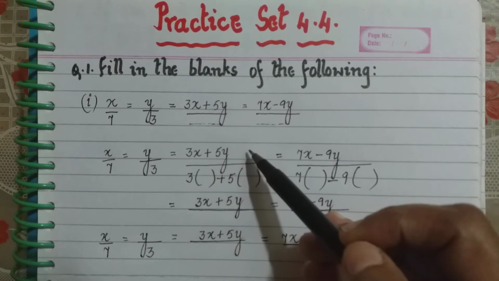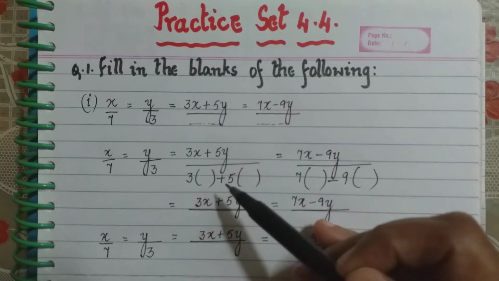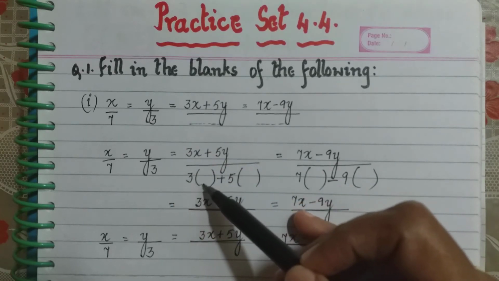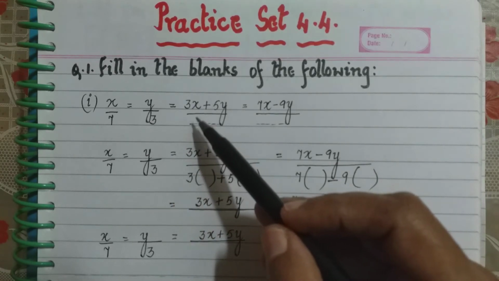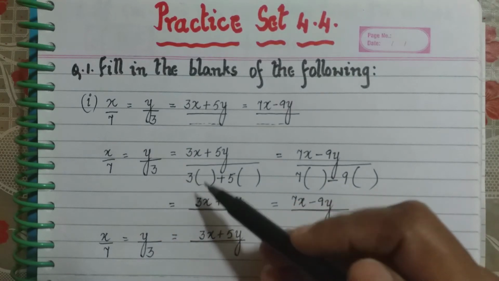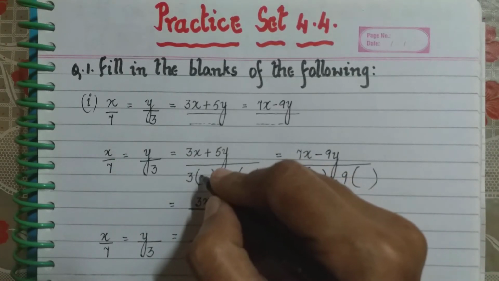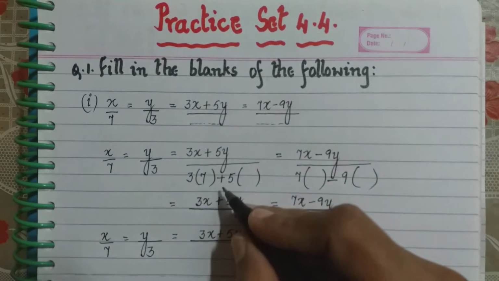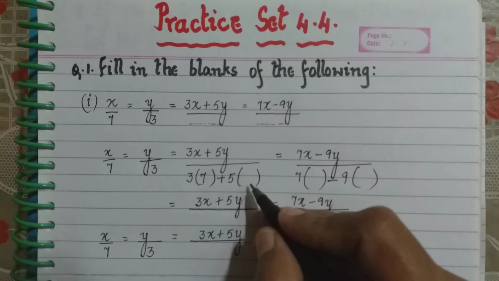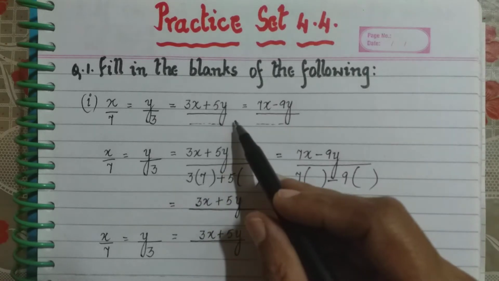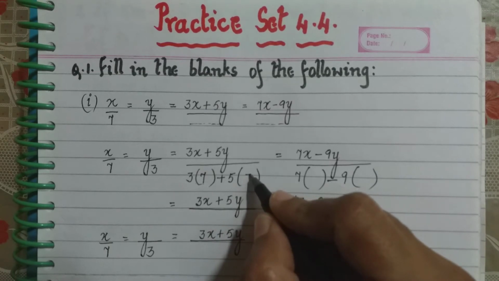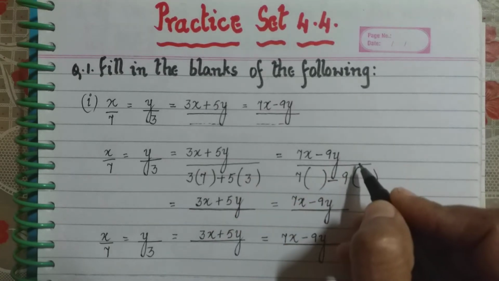So we have 3x plus 5y upon the denominator of x is 7. So here we write 7. So 3 into 7 plus 5 into 5y. The denominator of y is 3. So 5 into 3.